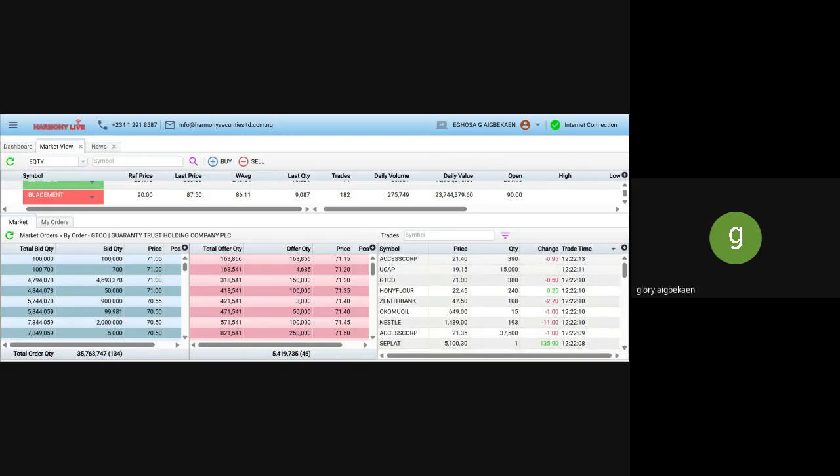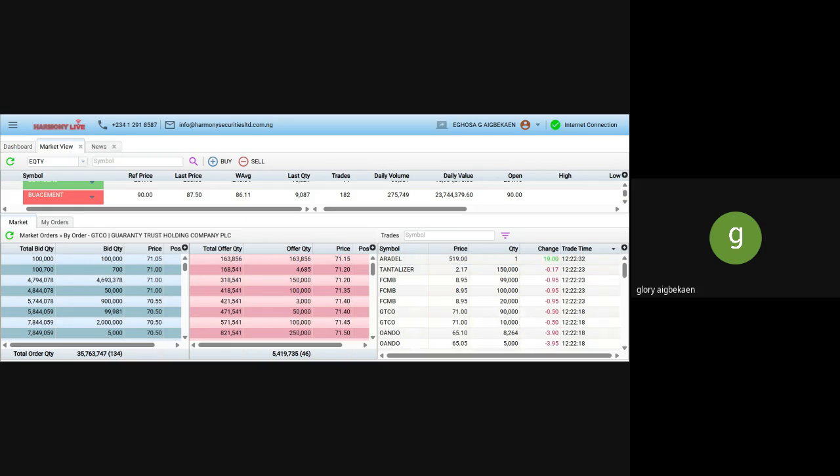Because of 57%, I can quickly take that one, book that one, and wait and see. I can still buy it again, but that will be after the result is out.